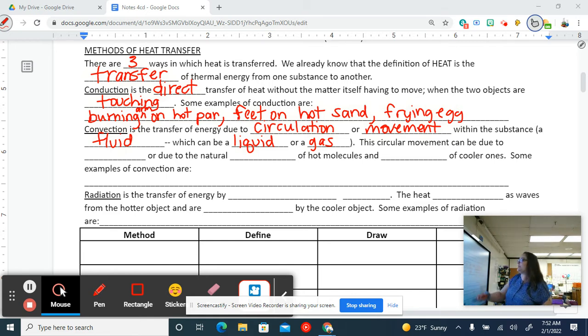This circular movement can be due to gravity or due to the natural rising of hot molecules and falling of cooler ones. So wind is created when the uneven heating of the land and the water makes that hot air rise, and the cool air comes in to replace it.